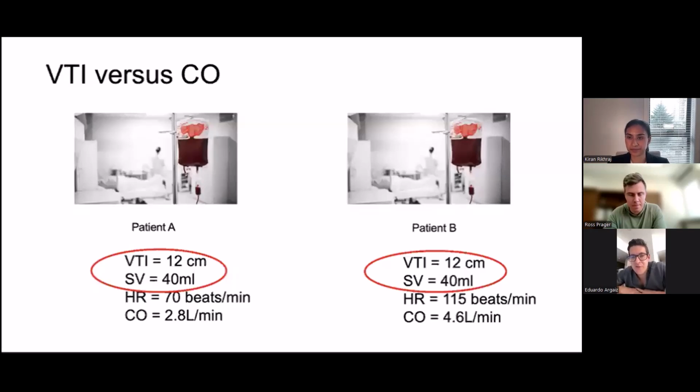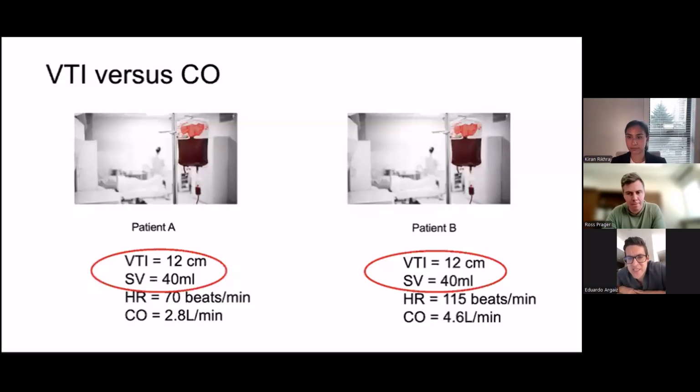And so the minute VTI is just doing your multiplication, your VTI times your heart rate. And that will give you a value somewhere between 1,000 to 2,000, right? So a normal VTI of 20 and a heart rate of 100 would be 2,000 of minute VTI.